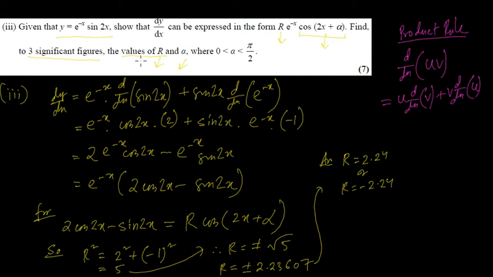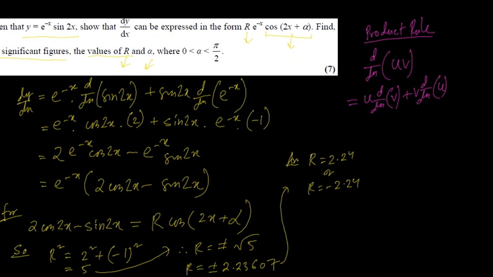So we found the value of r. Now we have to find the value of alpha. Remember, alpha has to be in radians, also in 3 significant figures, 0 to pi by 2, meaning 0 to 90 if it was in degrees, but this has to be in radians. So let's move on to see how to find the value of alpha.